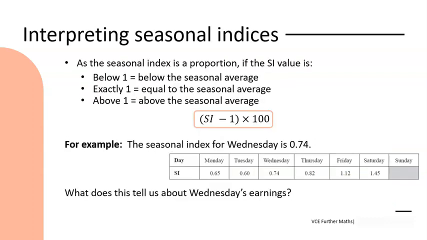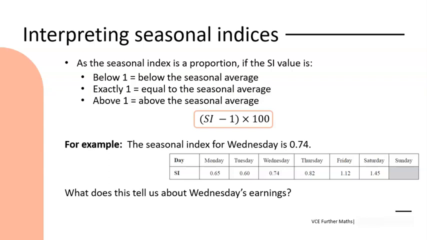Following on from that, we look at how we interpret seasonal indices. As we know, the seasonal index is a proportion. If the value is below 1, that particular season, or day in this case, is below the average. If it is exactly 1, then it is equal to the average. And if it is above 1, it is above the seasonal average.